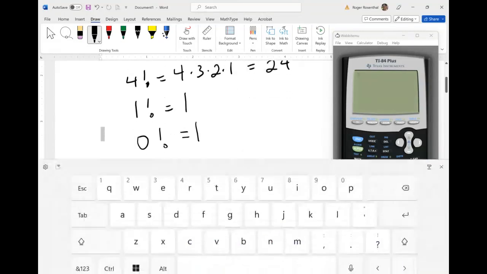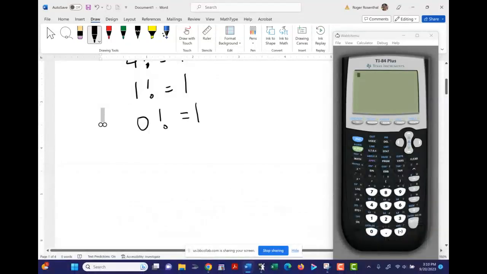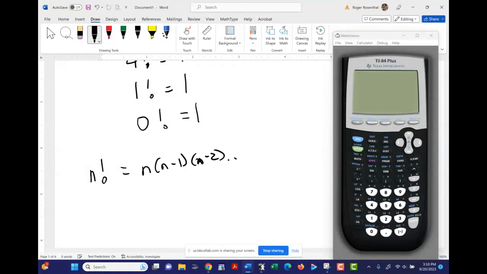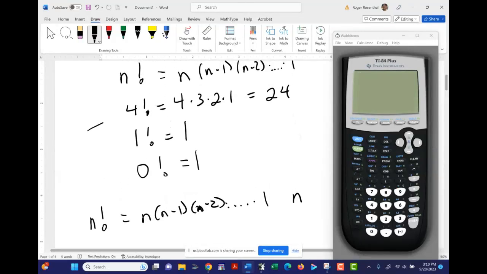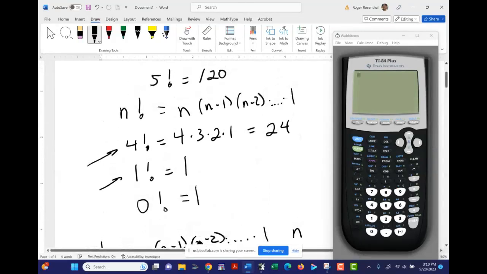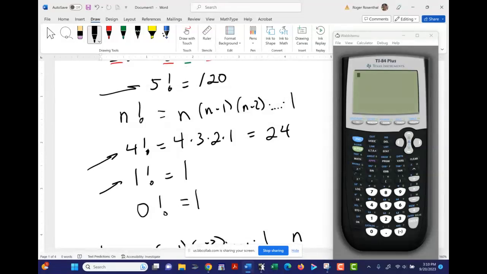Okay, so technically, and you don't need to know this either, n factorial is not really equal to n times n minus 1 times n minus 2, and so on, all the way down until you get to 1. It's only equal to that if the number you're starting with is like the 4 or the 1 or the 5.